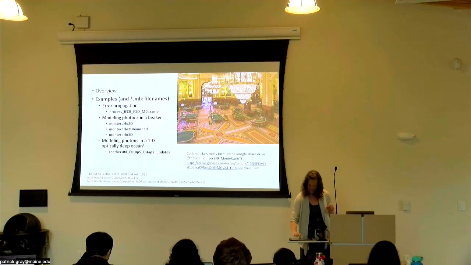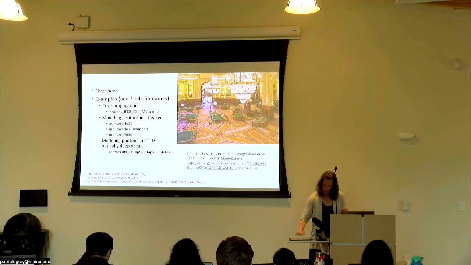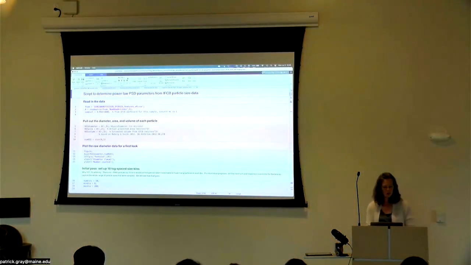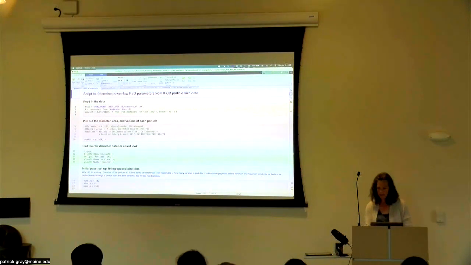Error propagation, something like that. I will want my computer to not be frozen. There we go. So you'll want to load up the script that is process IFCB PSD MC examp MLX.